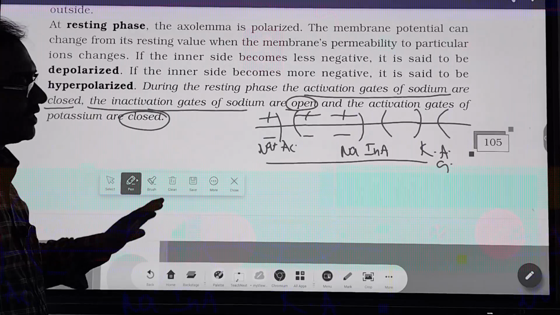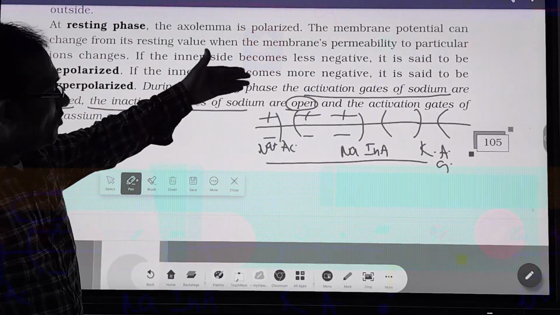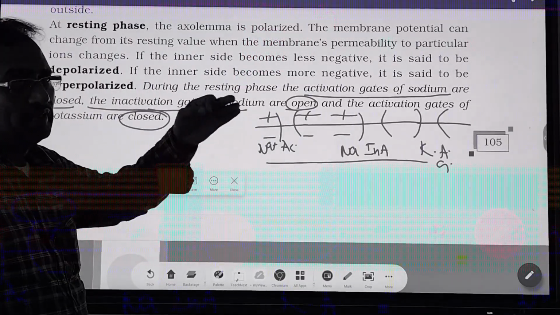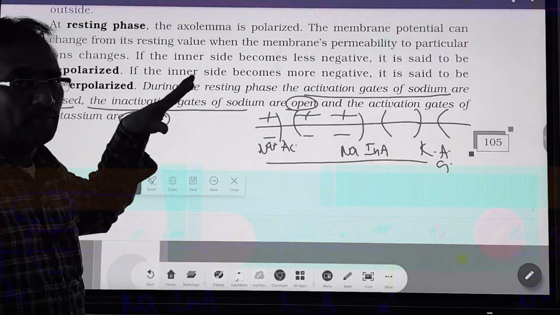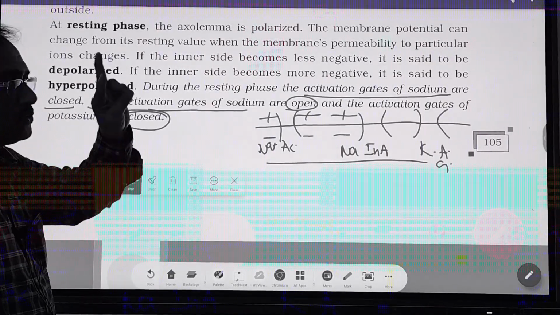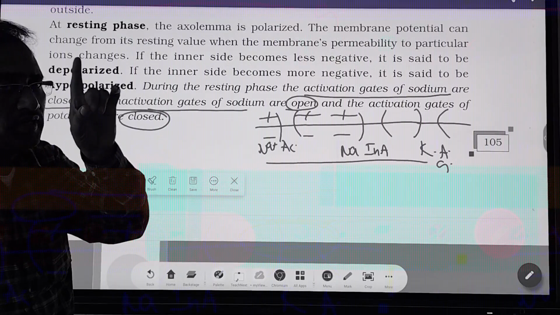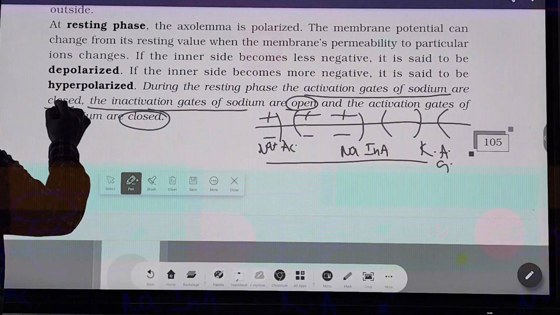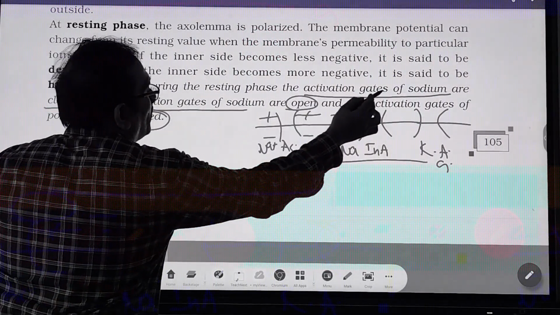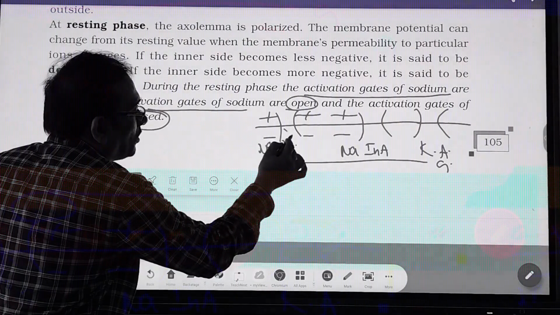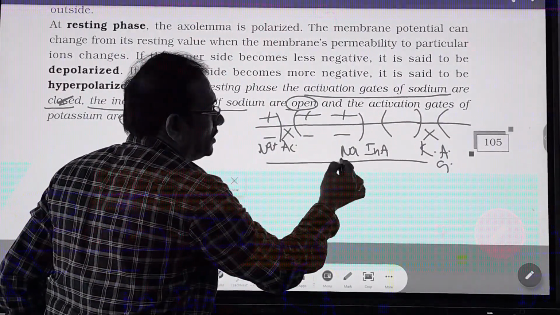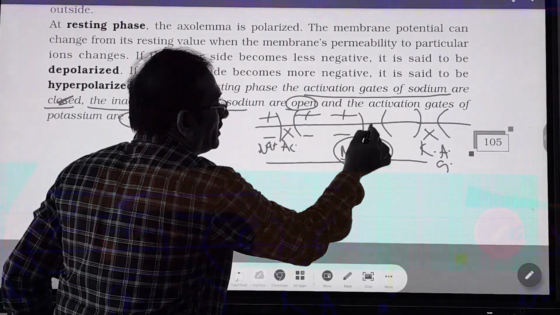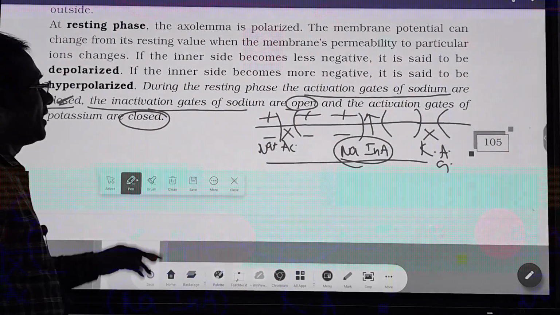Just now we discussed, whenever outside is positive and inside negative, when there is a resting membrane potential, what is happening on the membrane? See here, two gates are closed, one gate is open. What is closed here? The sodium activation gate is closed, potassium activation gates are closed, only the sodium inactivation gates are open.